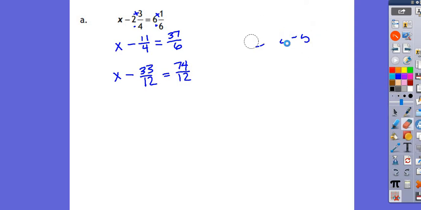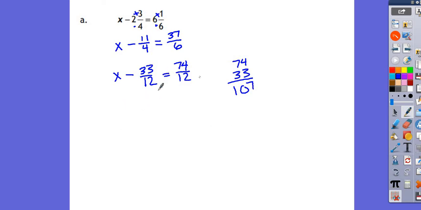So same concept, except now I have fractions. So I know I need to add these two together to get this number, and I should, when I take it away, work with this problem. So I'm going to add 74 and 33 over here to the side, and I get 107.